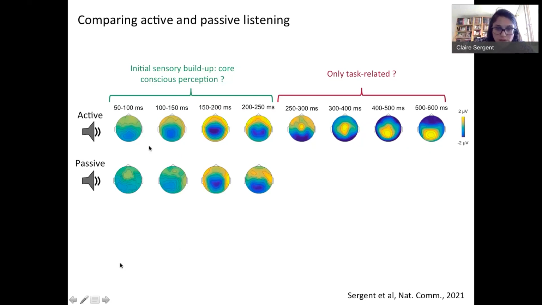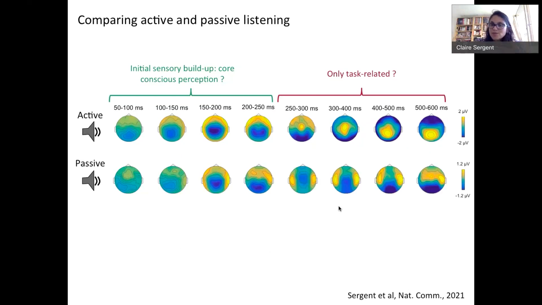Well, that's the initial processing. And for the late activity, well, we don't seem to match either of the two extreme predictions, which is even more interesting. So what we observe is that there is some late activity, it is late and sustained. So late activity is not abolished, but its topography is completely different from a P300.